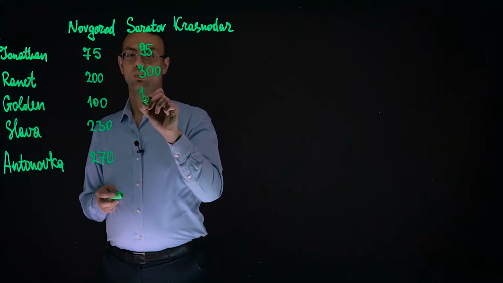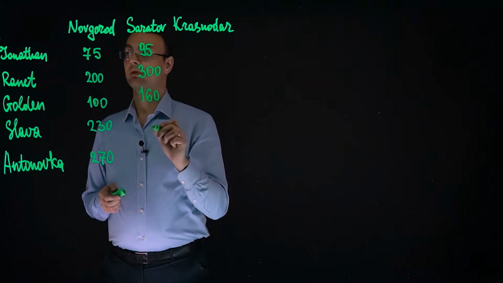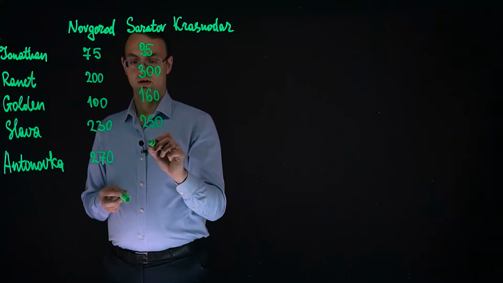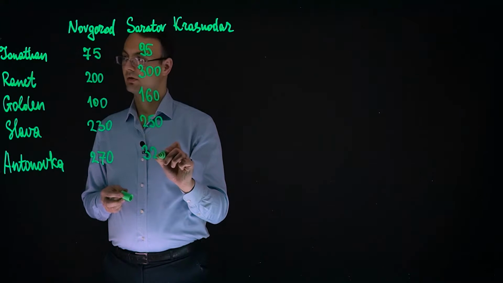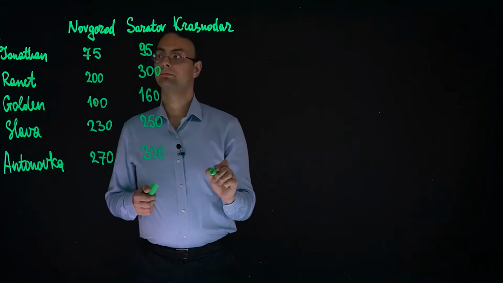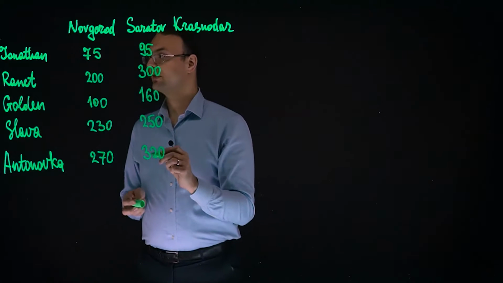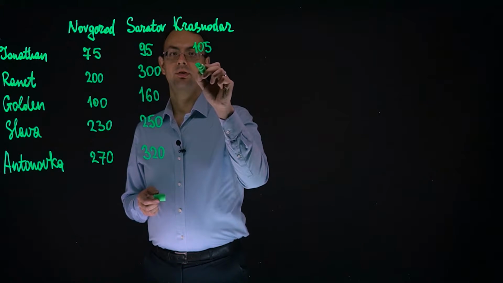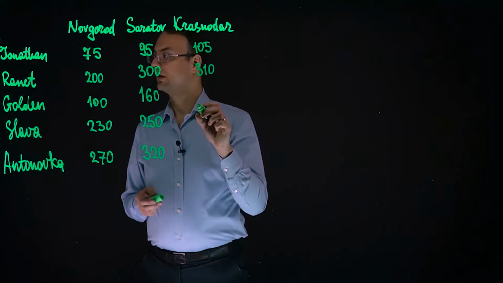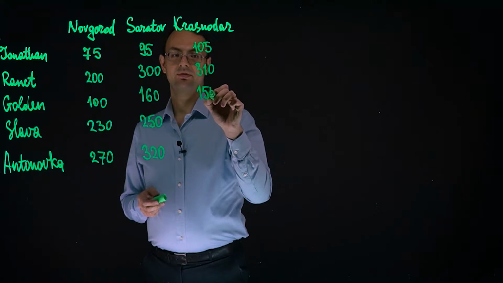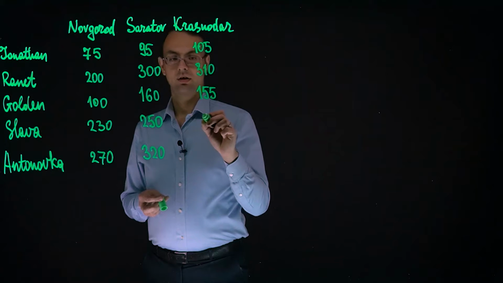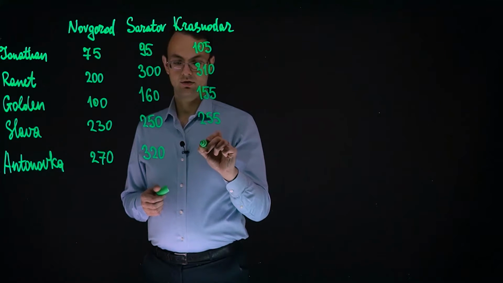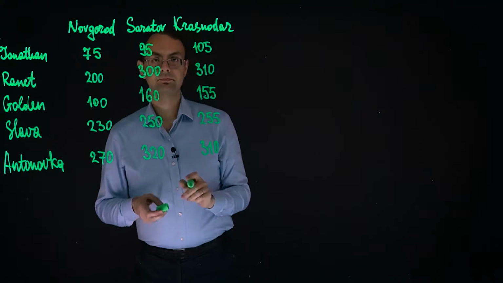For Saratov region, 95, 300, 160, 250, and 320. And for Krasnodar region, it is 105, 310, 155, 255, and 310.